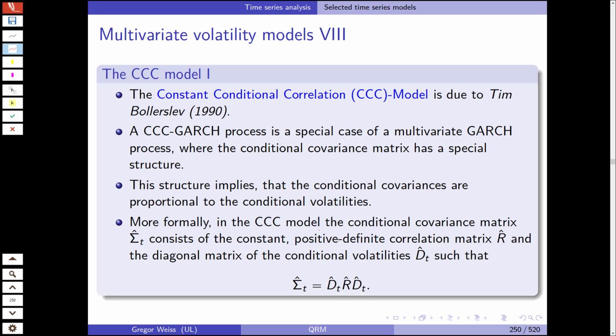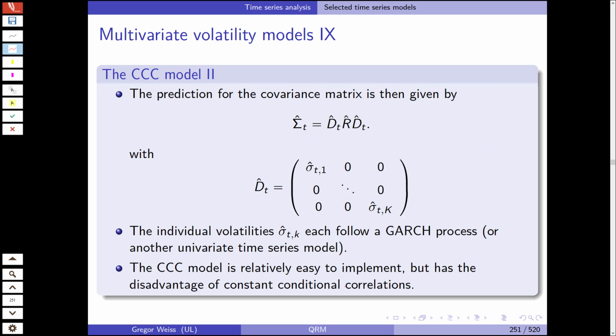More formally, in the CCC model, the conditional covariance matrix Sigma_t consists of the constant positive definite correlation matrix R and the diagonal matrix of the conditional volatilities, such that Sigma_t has the structure D_t times R times D_t. So if your variance covariance matrix looks like this, you have a CCC model. Constant conditional correlation. The volatilities are time varying, so this is why they're indexed with a t, whereas R, the correlations, are constant, hence the name.